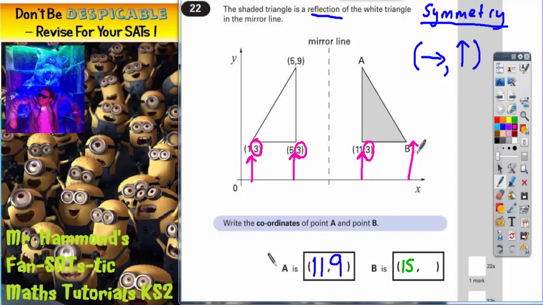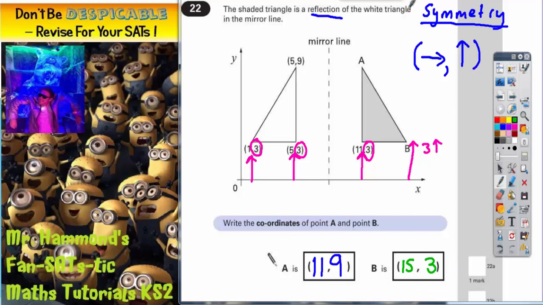So this point is also going to be 3 up. So we can fill the last part of coordinate B in, and it's going to be 3 up. So to conclude, point A is 11 along and 9 up, and point B is 15 along and 3 up.